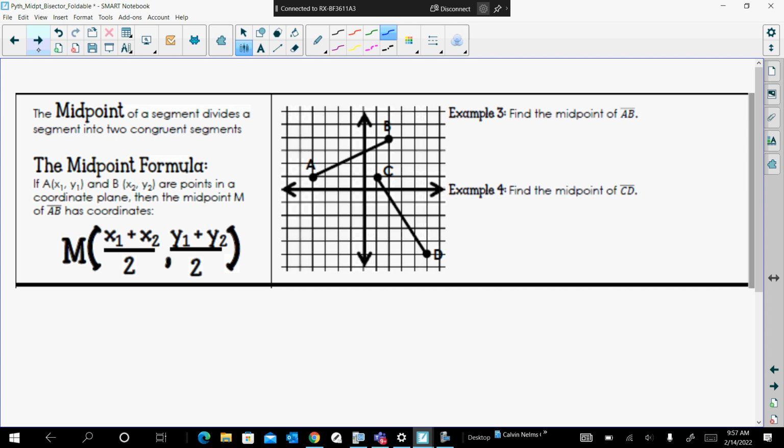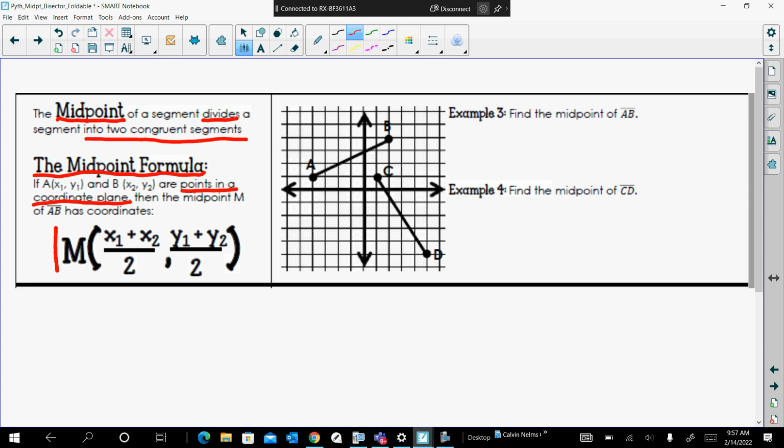All right, so midpoint. The key thing for a midpoint is that it divides into 2 congruent segments. When you have points on the coordinate plane, we have the midpoint formula. This is when we have points in a coordinate plane.